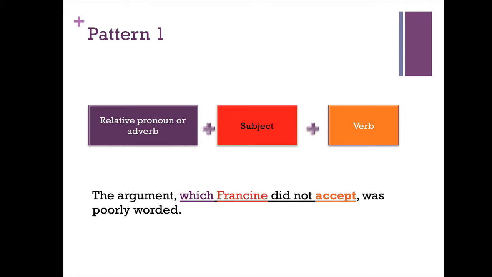And please note, it starts with one of those relative pronouns, which. Then we're looking for the subject of the clause, because remember, like every other clause, relative clauses have a subject and a verb. So the subject in this case is Francine, and the verb is accept.